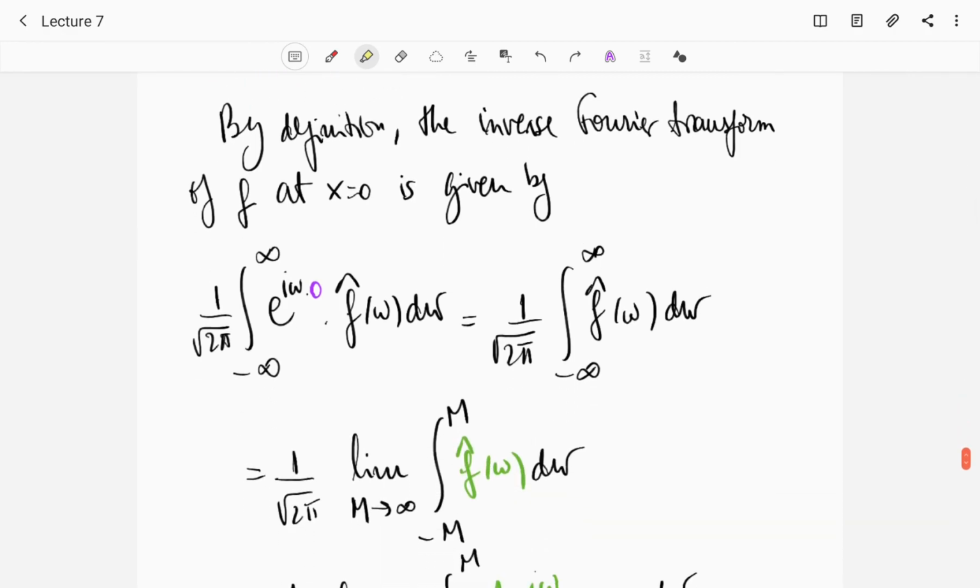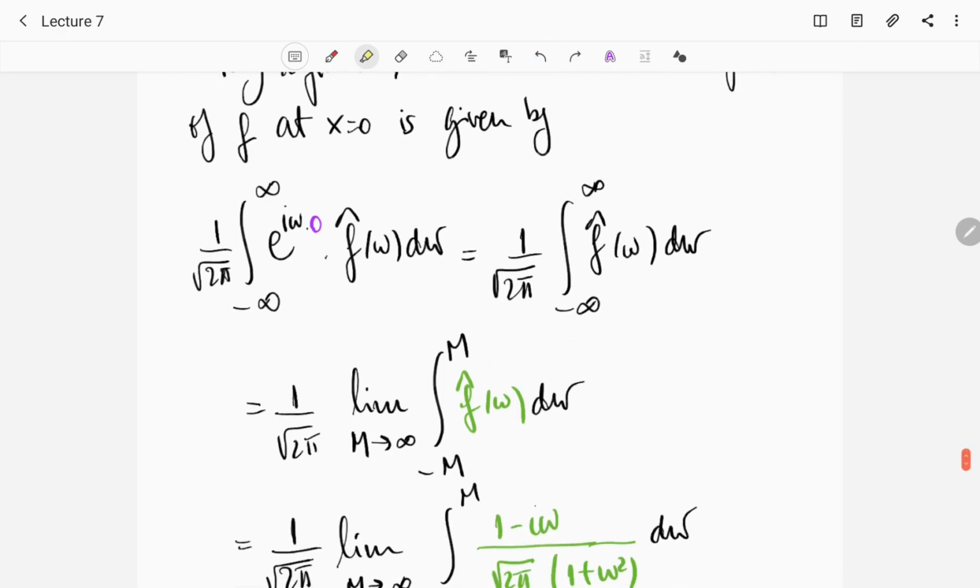So, again, by definition, the inverse Fourier transform of f at x equal to 0 is given by this formula, where we just replace x equal to 0, which makes this guy turn out to be a 1, and we get this expression.